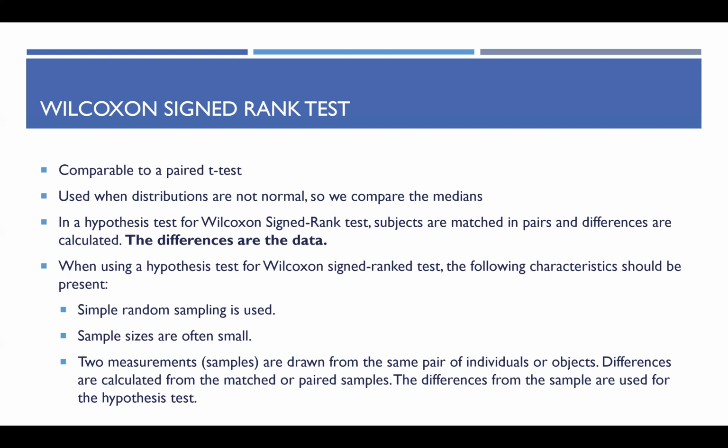Again, we often have small samples, just like we did with the paired t-test. And again, we take two measurements from the same pair of individuals or objects, and we look at their differences. Okay, and the differences again from the sample are used for the hypothesis test. So we're using the differences, not the actual data values. We look at the difference between them.